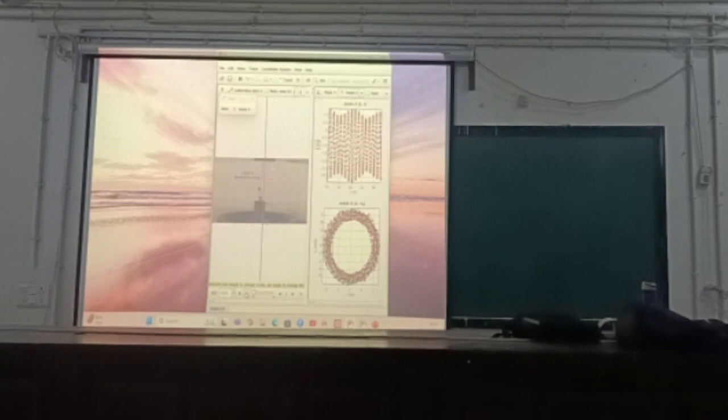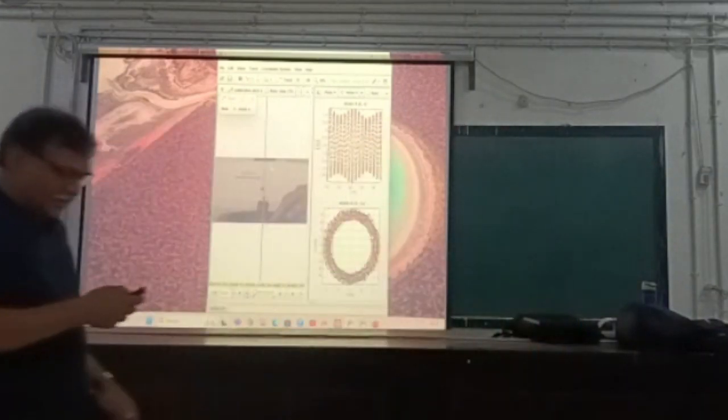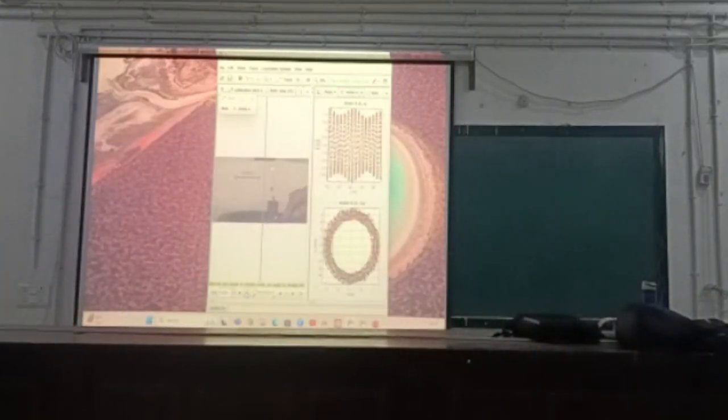So actually, if we look at the oscillation of this pendulum, you can track the position as a function of time. This is the stable solution. Here we purposefully have chosen the length in such a way that the condition for parametric resonance is not satisfied, so we are getting the stable solutions. Now here what happens?